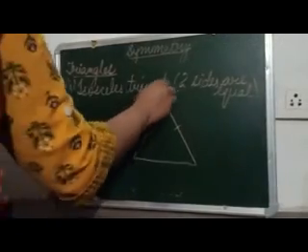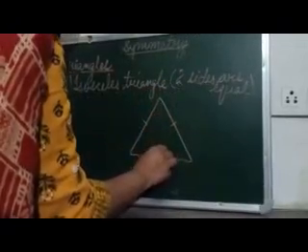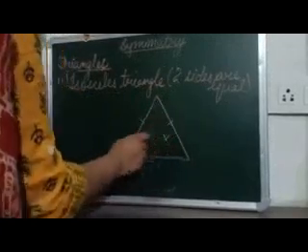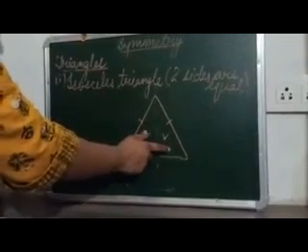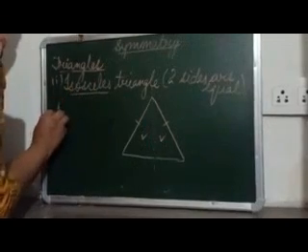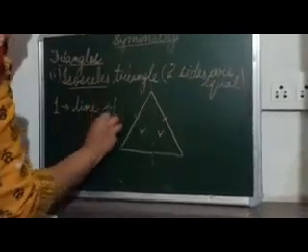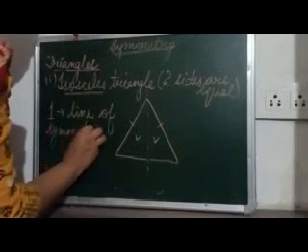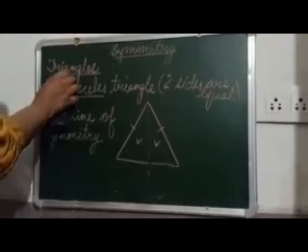We can draw it like this. So there is only one line which will divide this figure into two equal parts. So in the case of an isosceles triangle, there is only one line of symmetry.